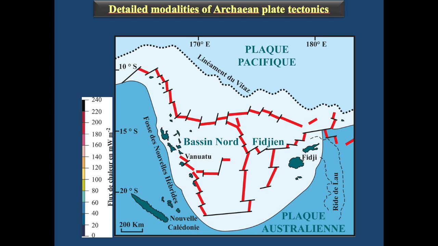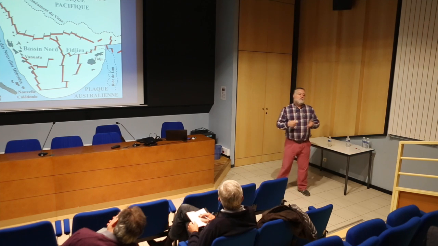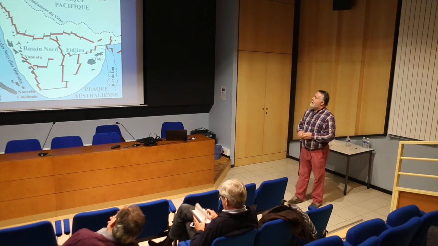So that means that the assumption that during the Archaean, if the heat flux was greater, a way for evacuating this heat would be to produce longer ridges, and the consequence would be smaller plates. So maybe, as this is the case in the North Fiji basin, the assumption is not so stupid.